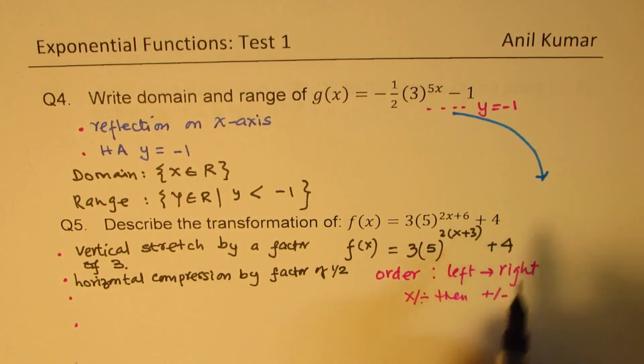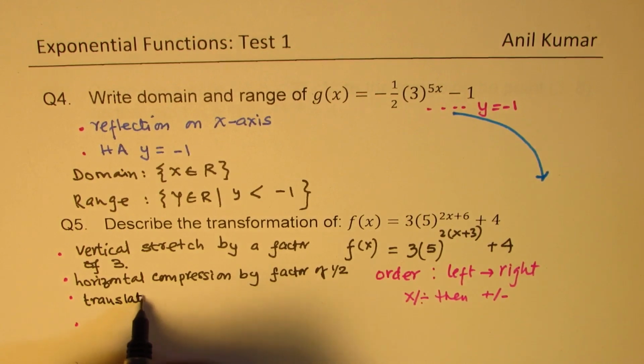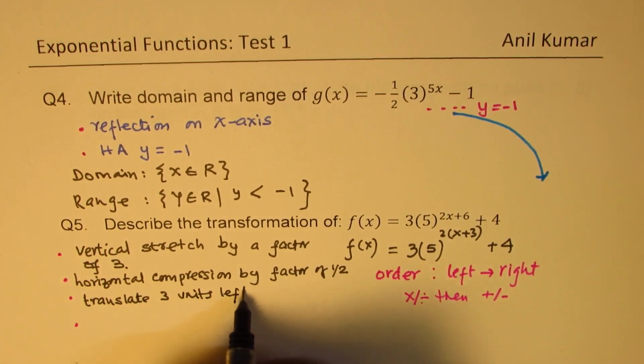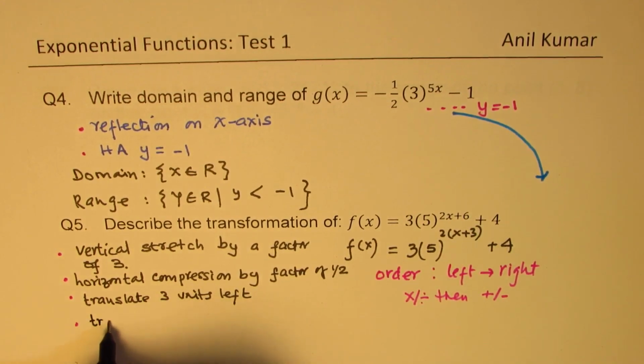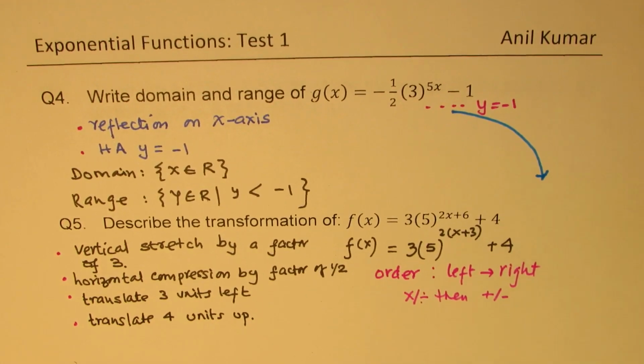And this 3 means translate 3 units, which side? Left, not 6. And that means 4 units up. So we have translate 4 units up. I hope that is absolutely clear.